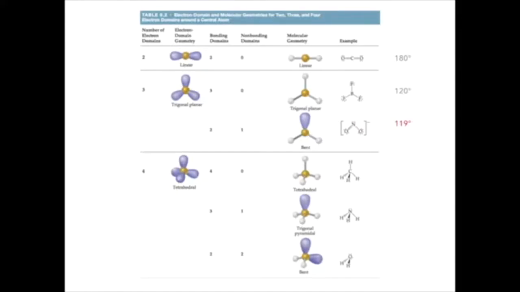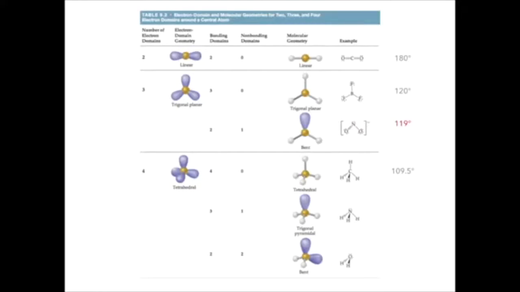Notice that the electron domain geometry is now different from the molecular geometry. And really quickly, for tetrahedral, the bond angle, instead of being 120, is actually going to be 109.5.